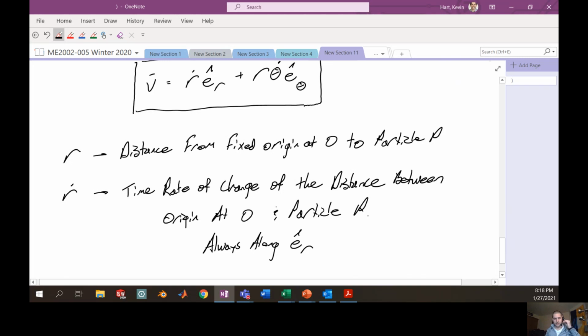It's the particle basically coming into and out of a line that's between me and that particle.